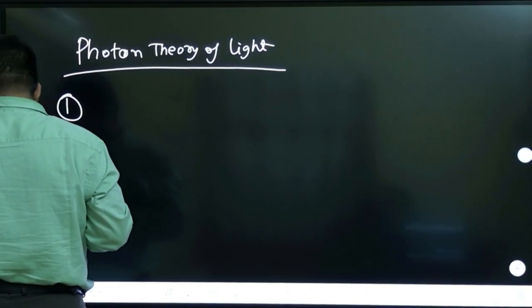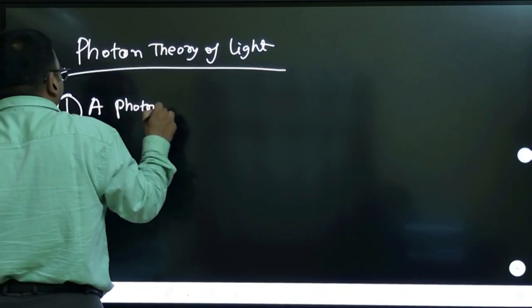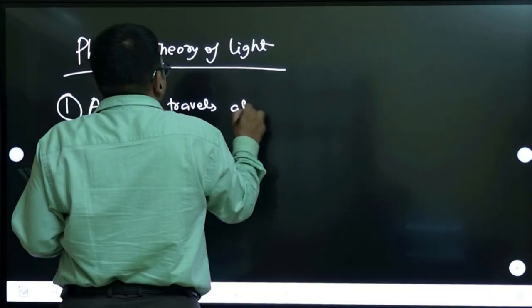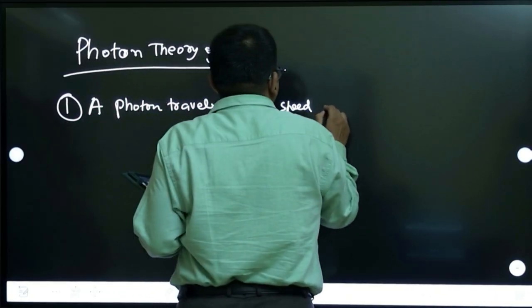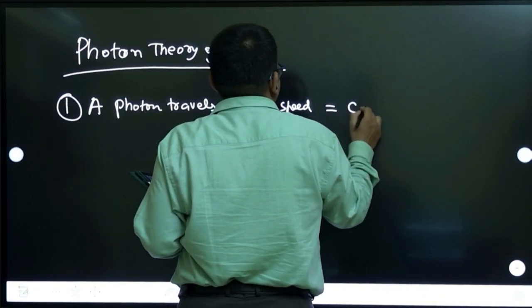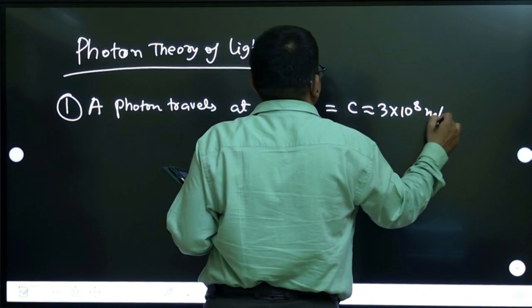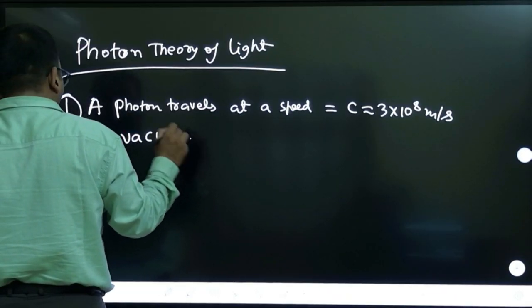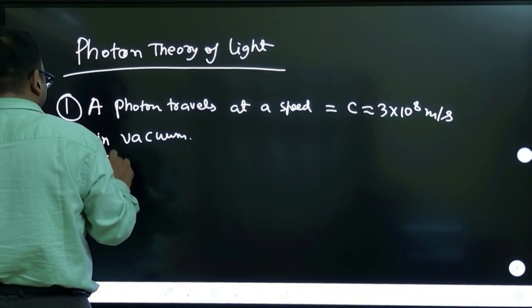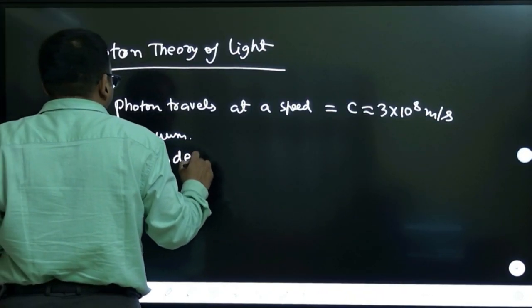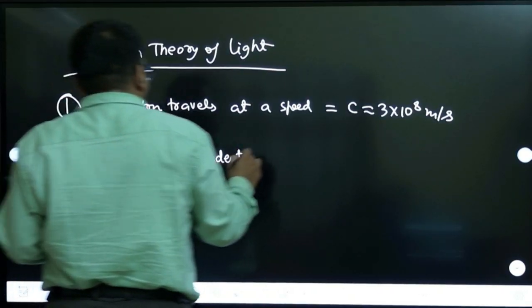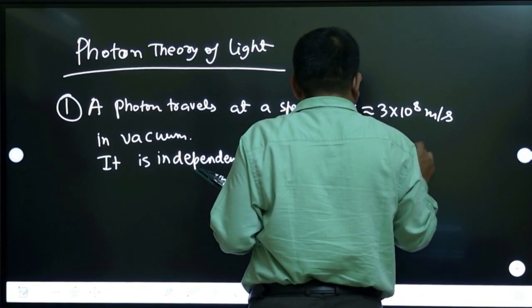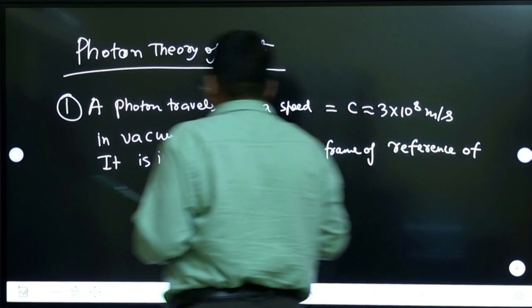First point: a photon travels at a speed equal to c, which is nearly 3 into 10 to the power 8 meters per second, in vacuum, and it is independent of the frame of reference of the observer.